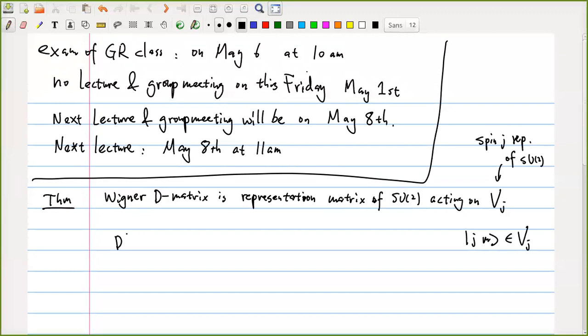Remember that this D matrix, D^j_{mn}, or what we call pi^j_{mn}(h), equals <j m| e^{-i alpha J_3} e^{-i beta J_2} e^{-i gamma J_3} |j n>, with h given by the Euler angles alpha, beta, gamma.